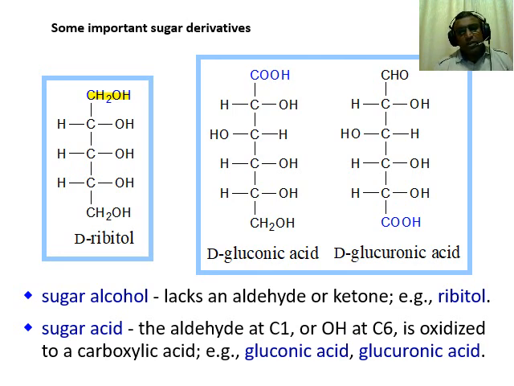Then you have the glucose, remove the carbonyl group and attach with carboxylic group. Therefore, it is referred as gluconic acid. And also, at the bottom of the acyclic glucose, instead of CH2OH attached with carboxylic group, therefore, it is now referred as D-glucuronic acid.